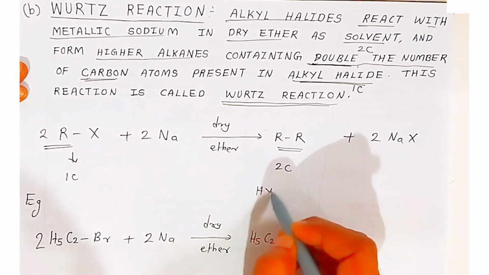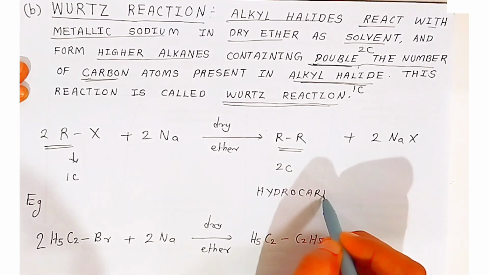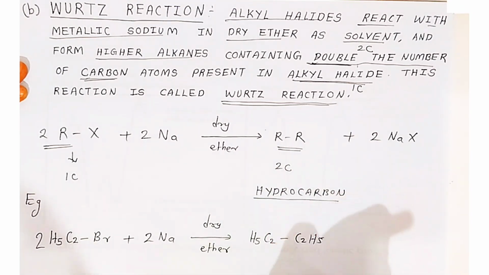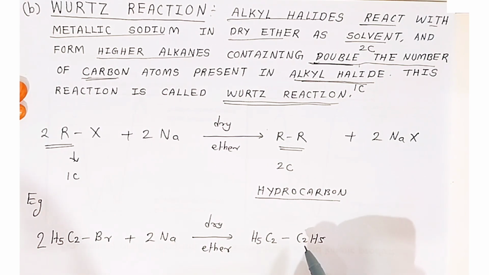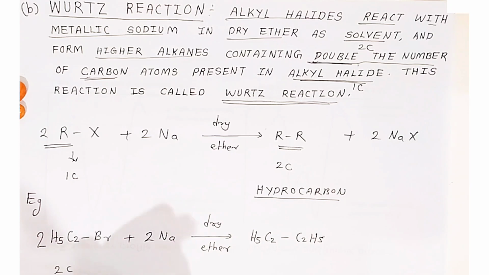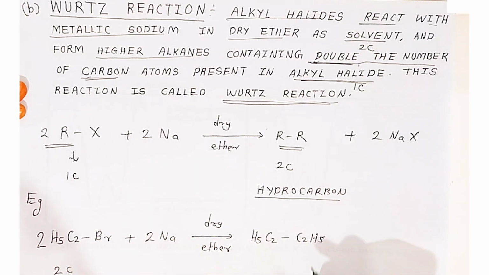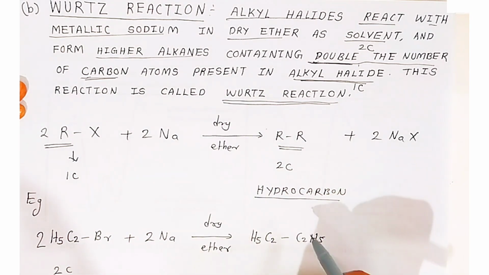There is a formation of hydrocarbons. Now when you see the number of carbons in this hydrocarbon, there will be 4 carbons. Understanding, students? That is why this reaction is very important for the formation of hydrocarbons. On the reactant side, you have 2 carbons in 1 molecule. Now here you have 4 carbons. That is why this reaction is very important in the formation of hydrocarbons.